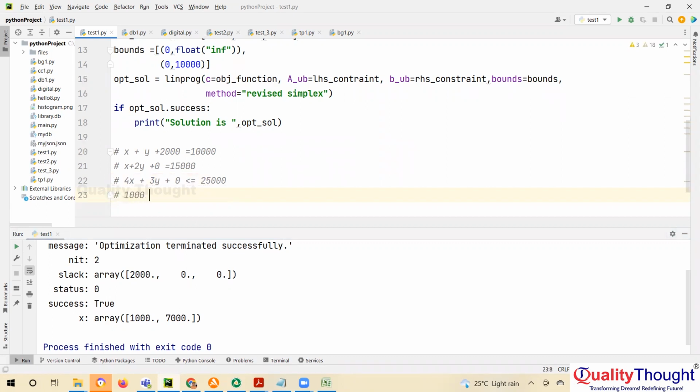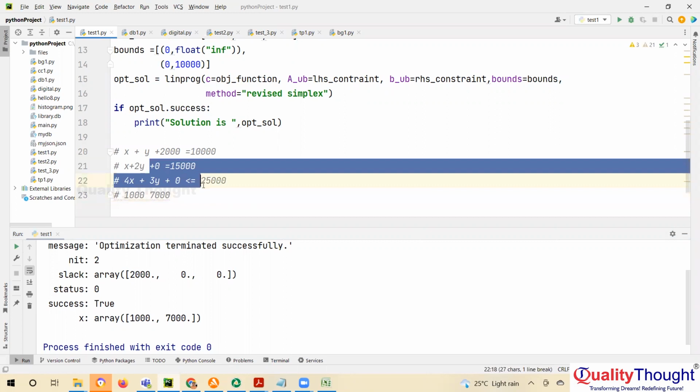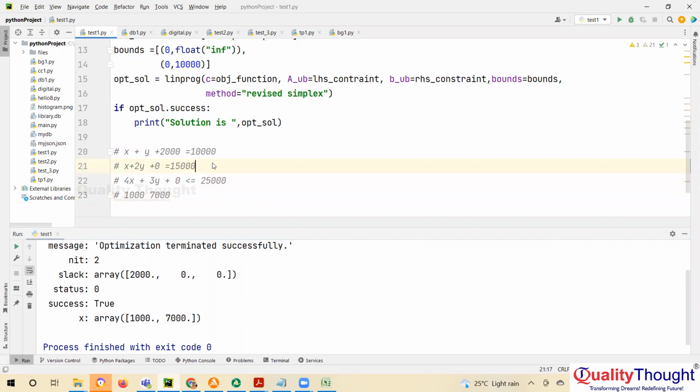If you substitute 1000 and 2000 here, these two will be exactly equal, there's nothing to add. 1000 plus 2 into 7000, 15,000, so plus 0 is 15,000.